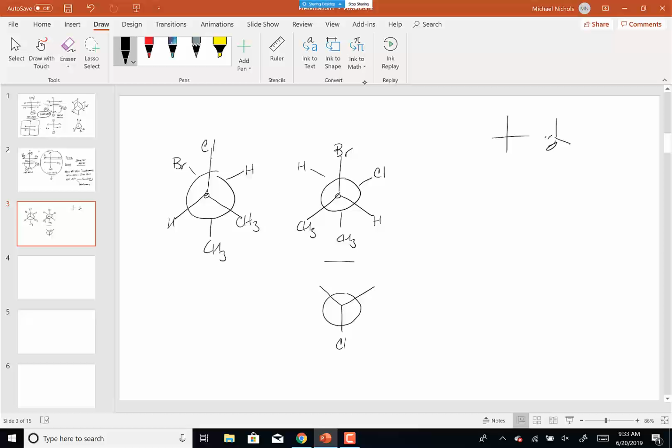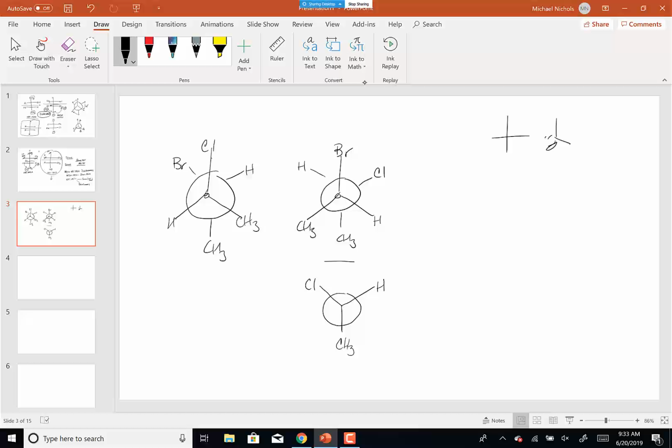So the methyl group that was in the back is now going to come forward. What happens to the chlorine? If I rotate this 180 degrees, the chlorine that is now on the right ends up on the left. So the chlorine's going to be over here, and then the hydrogen's going to be over there.